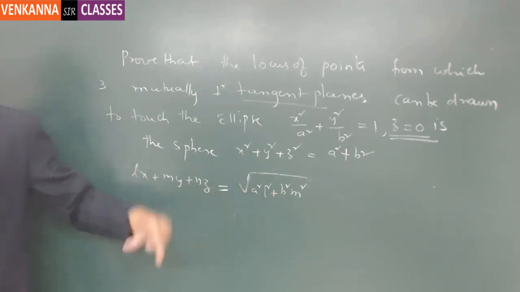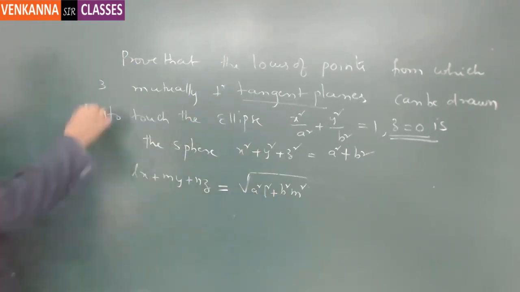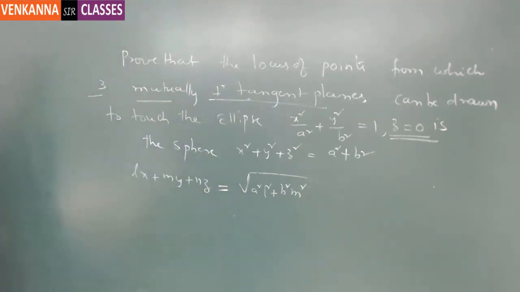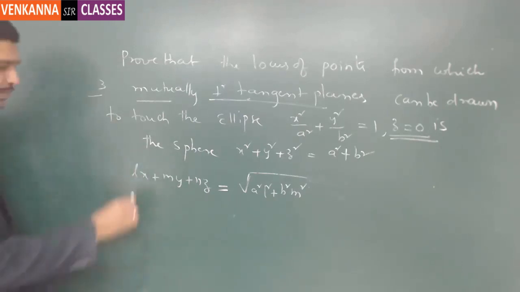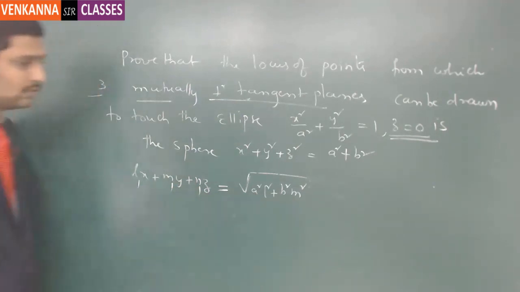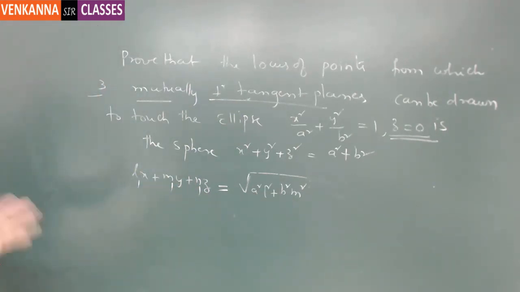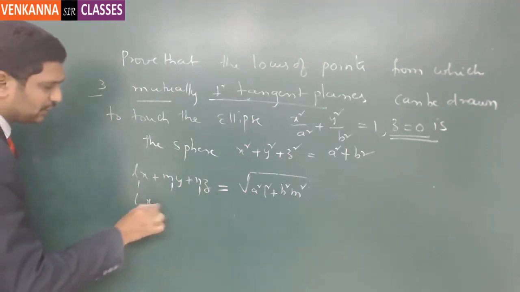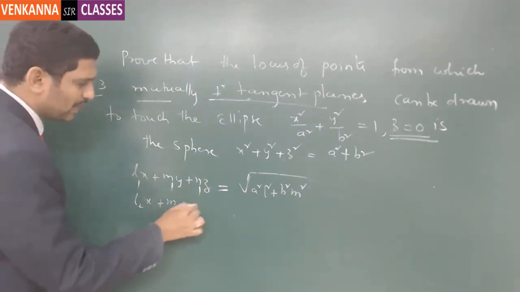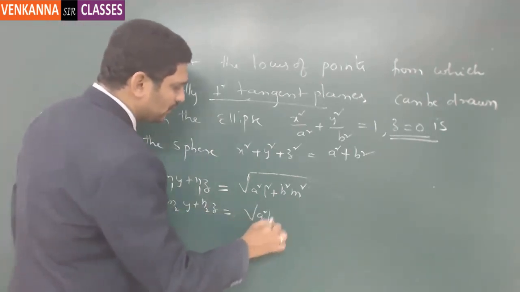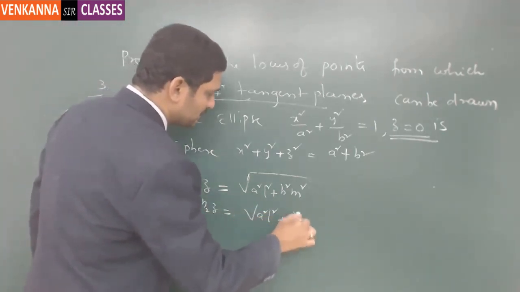So what happens here is that you are considering 3 mutually perpendicular tangent planes. If I consider 3 planes, this is my first plane: L1x + M1y + N1z = square root of a²L1² + b²M1². What could be the second plane? L2x + M2y + N2z = square root of a²L2² + b²M2².